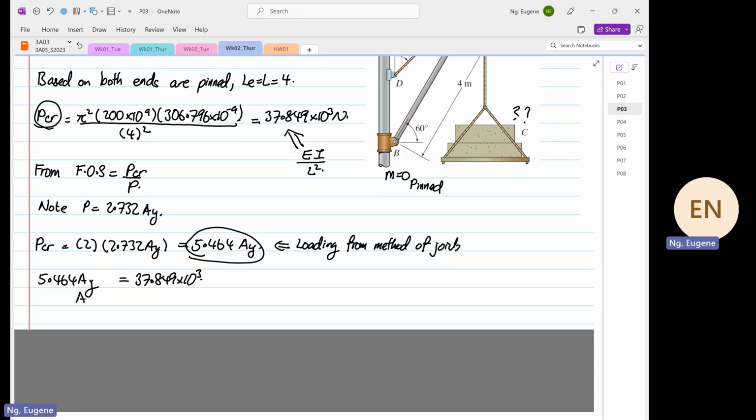So that's why AY now we calculate is equal to 37.849 times 10 to the power 3 divided by 5.464.